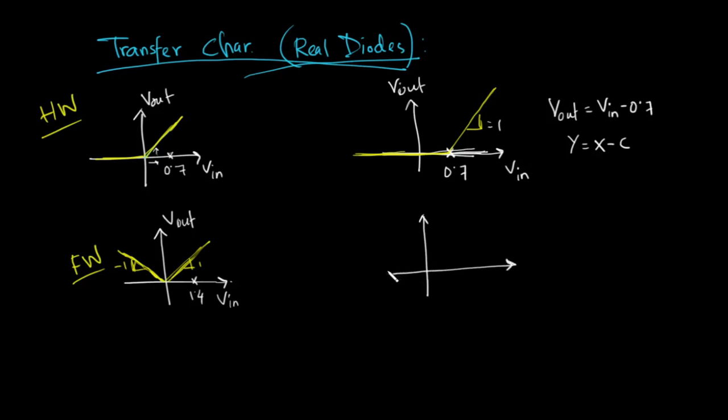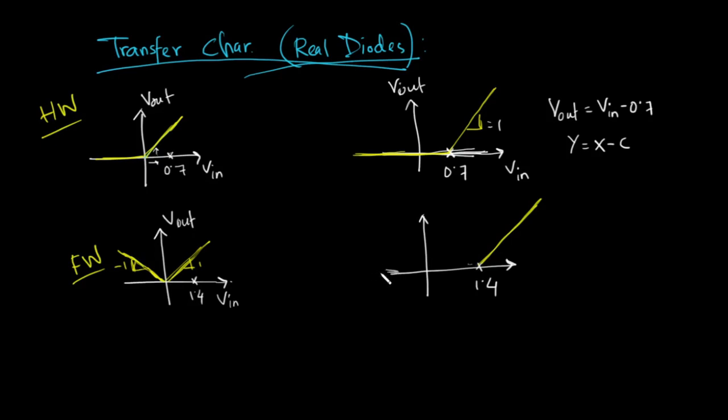So what will be the graph of the positive part? Well, if this is the 1.4 volt threshold, our graph will be like this. Similarly for the negative part, the negative part also has to cross the threshold of minus 1.4.